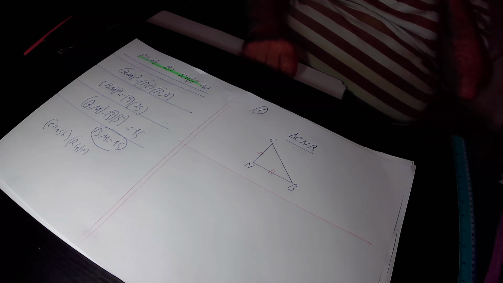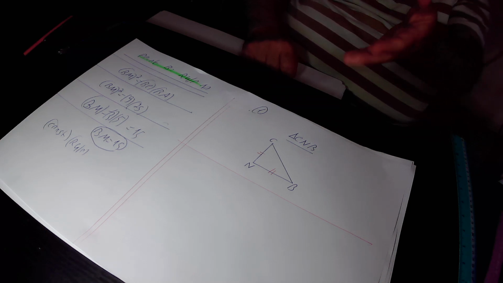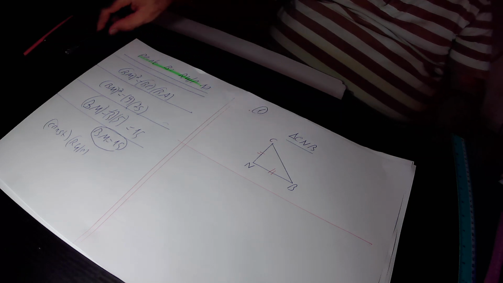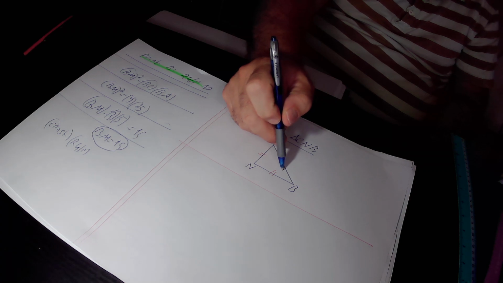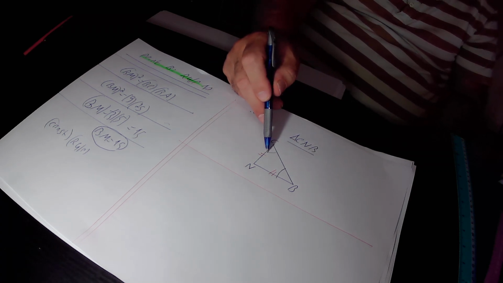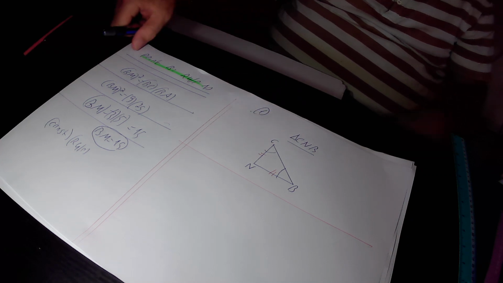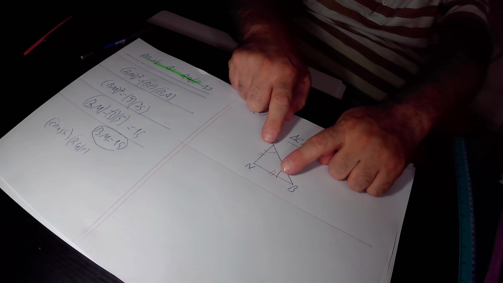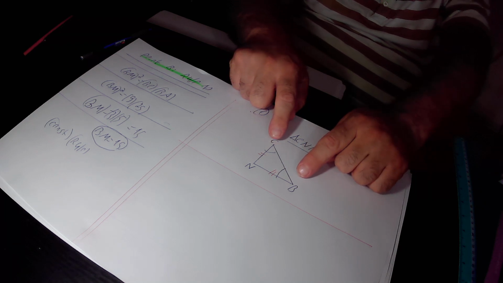And we also have the rule that states that in front of equal sides in a triangle there are equal angles. So in front of this side CN we have this angle, which is angle CBN, and in front of this side NB we have this angle, which is angle NCB. Because those two angles are located in front of the two equal sides, they must also be equal to each other in size.